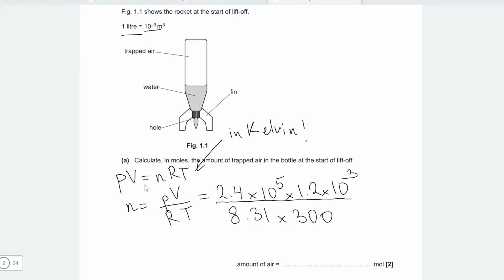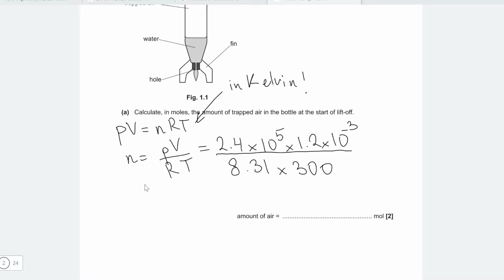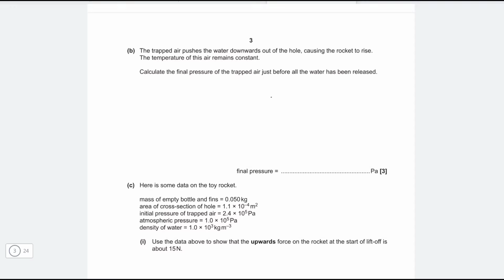Now when we put that into a calculator and get a decimal, we're going to give it to 2 significant figures. So this is going to be 0.12 moles of air.